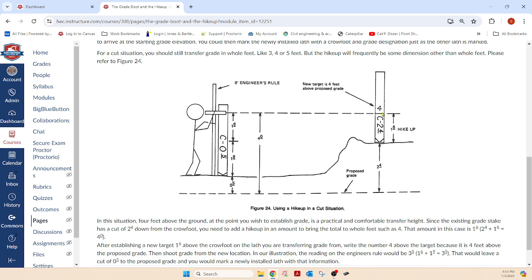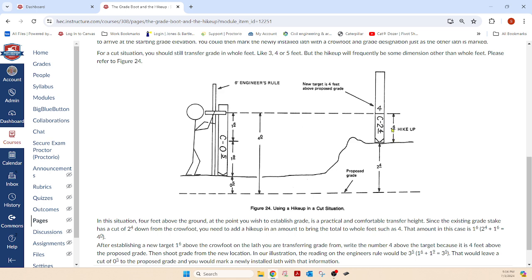And the problem is if there's no mark on this stake and I want this line to be 4 foot above this proposed grade, how do I do that? I take the boot that I want, whether it be 4, 5, 3, whatever, and I subtract the cut from it, in this case 2 4/10 from 4, and that leaves me 1 6/10 of a high cut.